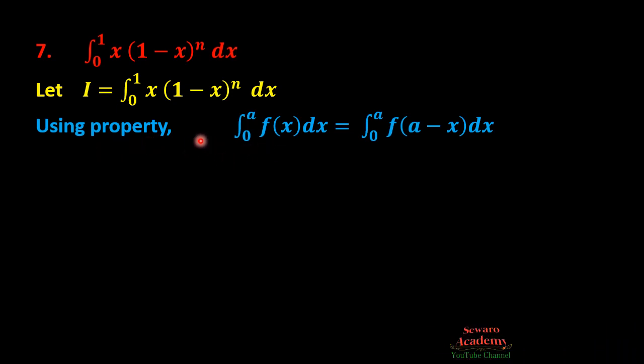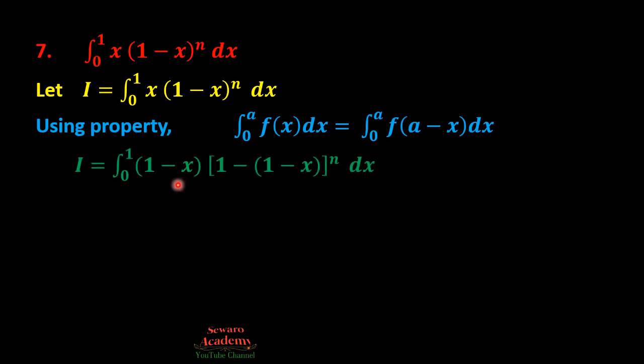Using this fourth property, we have to replace both x by upper limit minus x. Our upper limit is 1, so 1 minus x. Here also we have to replace this x by 1 minus x. Here also we have to replace this x by 1 minus x. After replacing, this integrand will be modified as integration from 0 to 1, 1 minus x within bracket, 1 minus x whole to the power n.